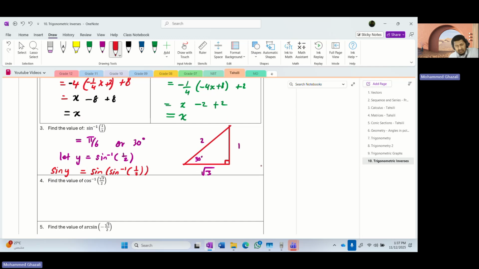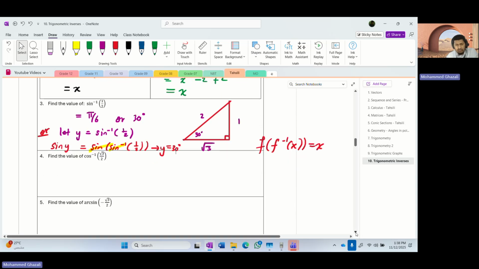And we just learned a rule that f of f inverse x is equal to x. So what is sine of sine inverse half? That cancels out basically, this half. Sine y equals half, and y has to be equal to 30 degrees. So we already got the answer. This is just another method. So what's the answer for y? Y is equal to 30 degrees or pi by 6. And what is y? Sine inverse half.